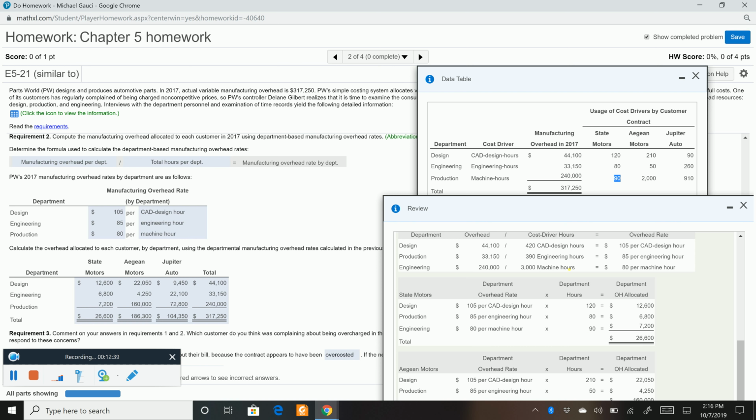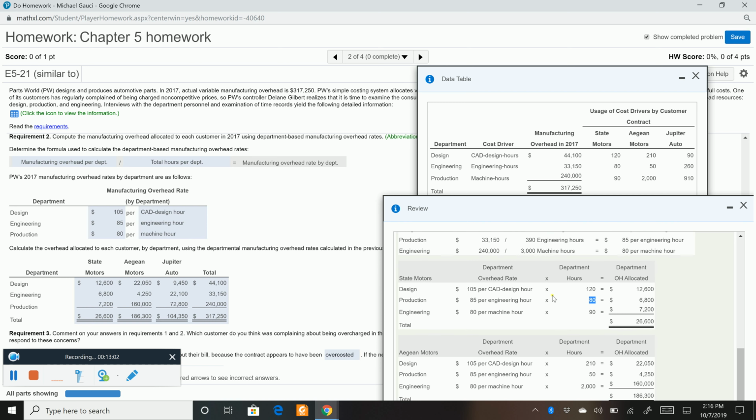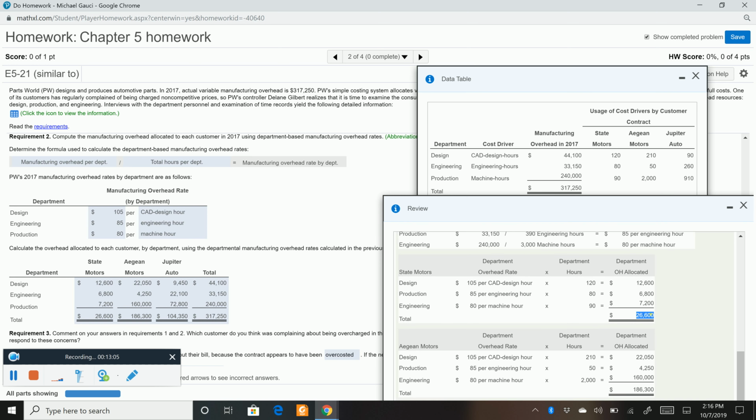And then engineering, we said, was $85 per engineering hour, and there were 80 hours for this client. So using our new allocation method, which breaks our overhead into 3 separate departments, we would allocate $26,600 to State Motors. You do the same thing for the other 2 customers.